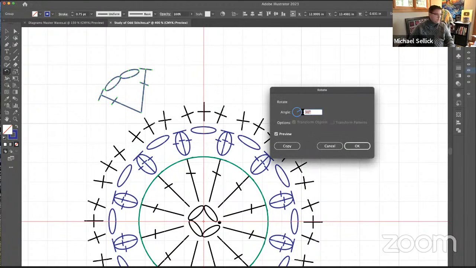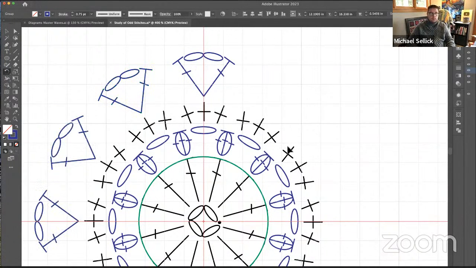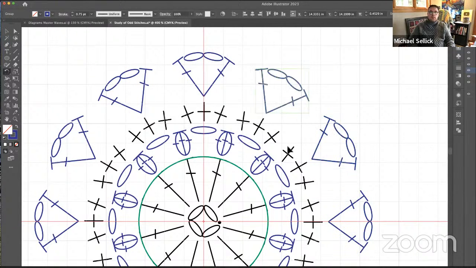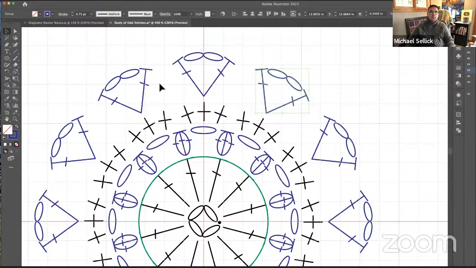So there's going to be 12 of these as well. 360 degrees divided by 12. Copy. Okay, and then what's missing is the chain. Need another chain here.